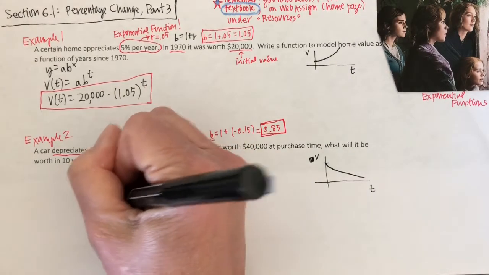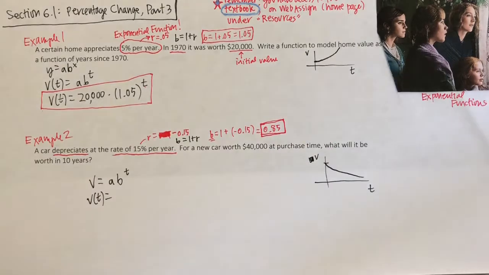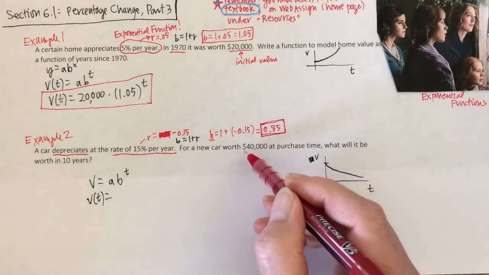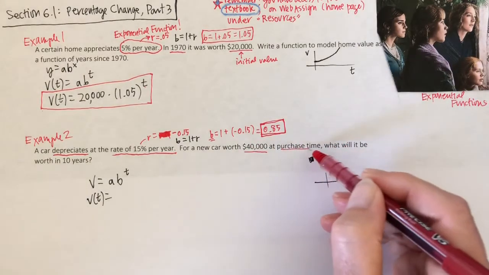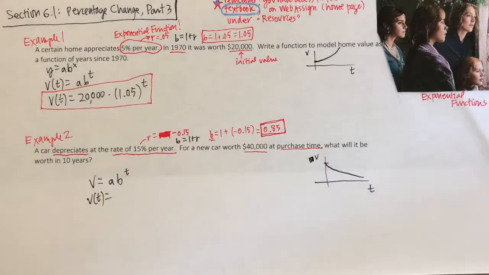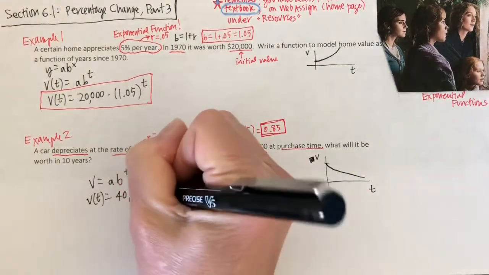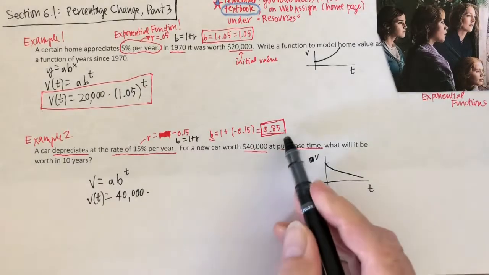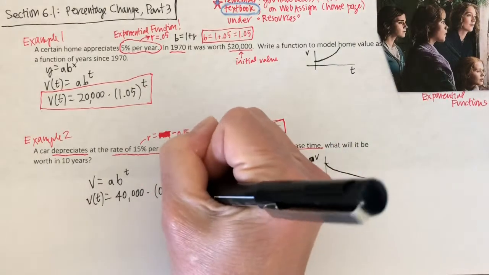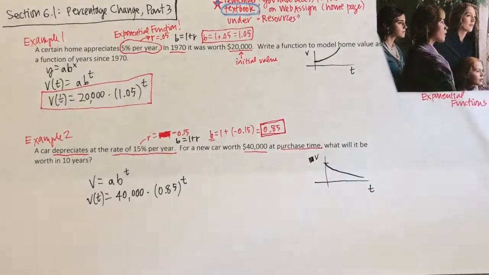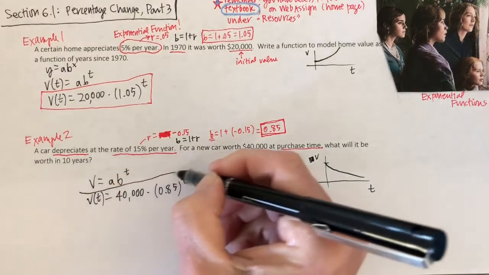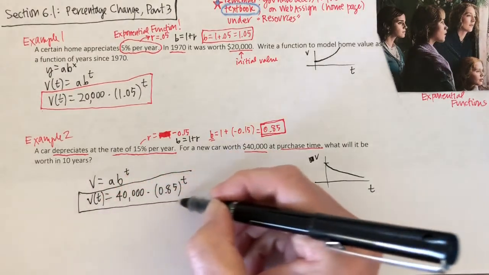So the initial value of the car, 40,000 at purchase time. We found out that the change factor is 0.85 to the t. This is our function that's going to model what the car is worth.